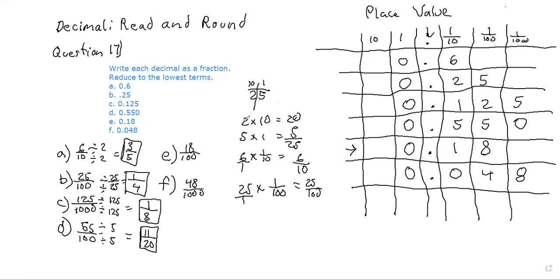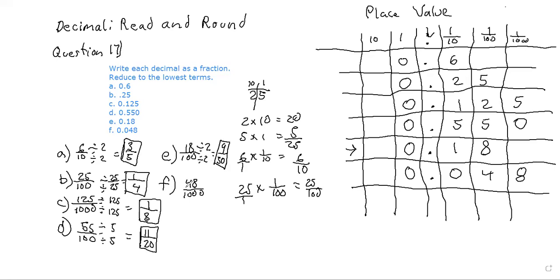That's the smallest one. For E, the largest number is going to be 2. So divided by 2 on the top, divided by 2 on the bottom, we're going to get 9/50.